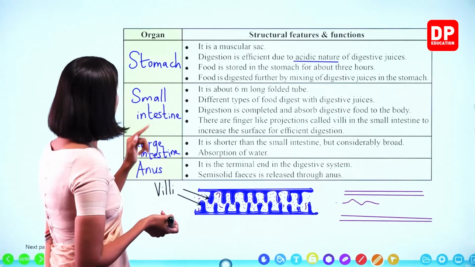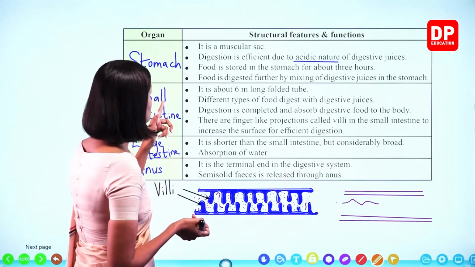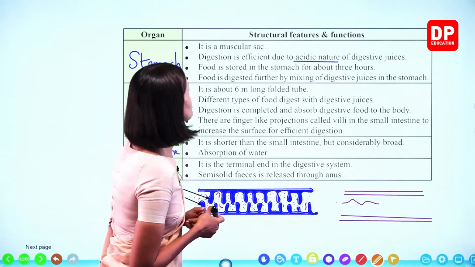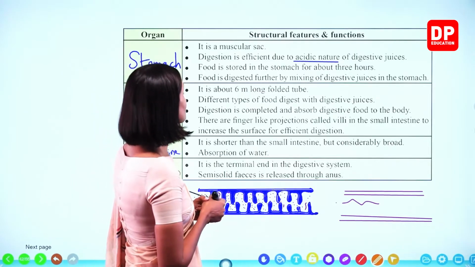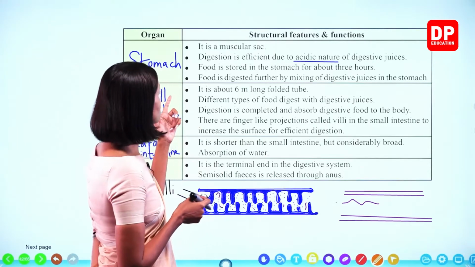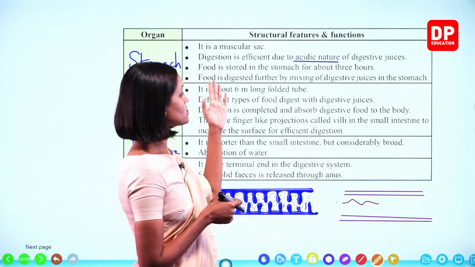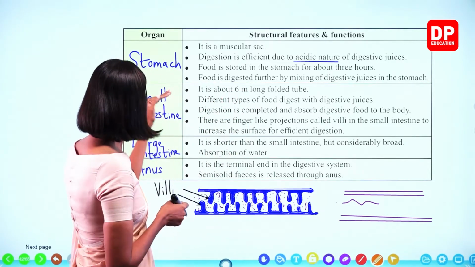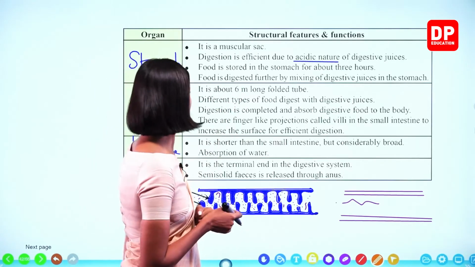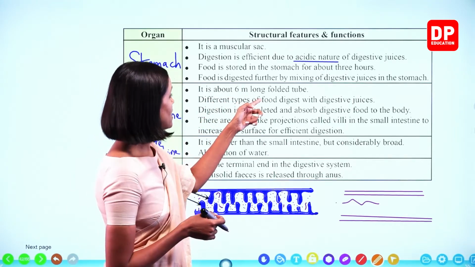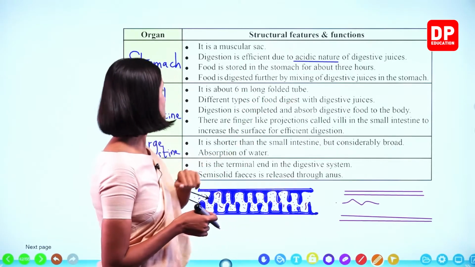Okay, then stomach. It's a muscular sac. Digestion is efficient due to the acidic nature of digestive juices. Food is stored in the stomach for about 3 hours. Food is digested further by mixing of digestive juices in the stomach. Then small intestine. It's about a 6 meters long folded tube. Different types of food are digested with digestive juices.